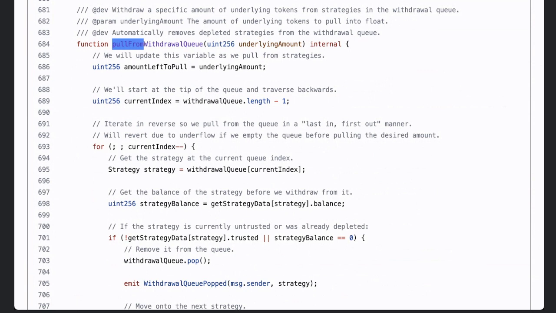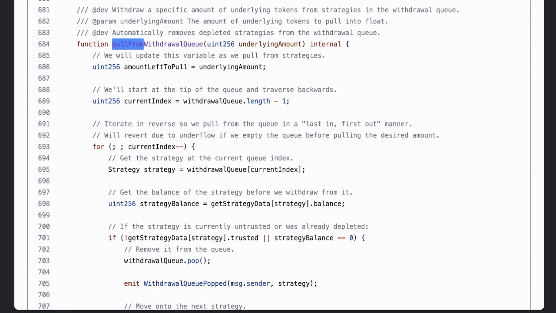Would you say there's also a financial reason to go for draining the newest strategies first, or does it really just work out as a solidity optimization? Well, the thing is, the queue is not managed by the contract at all. It's managed entirely off chain. So there's no guarantee that things at the end... Okay. Yeah, that's where it gets really weird. You can add a strategy to the vault, and the vault doesn't necessarily add that to the queue.